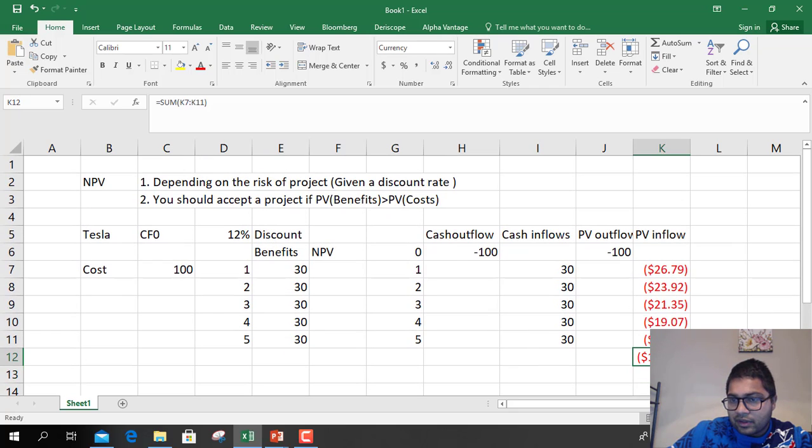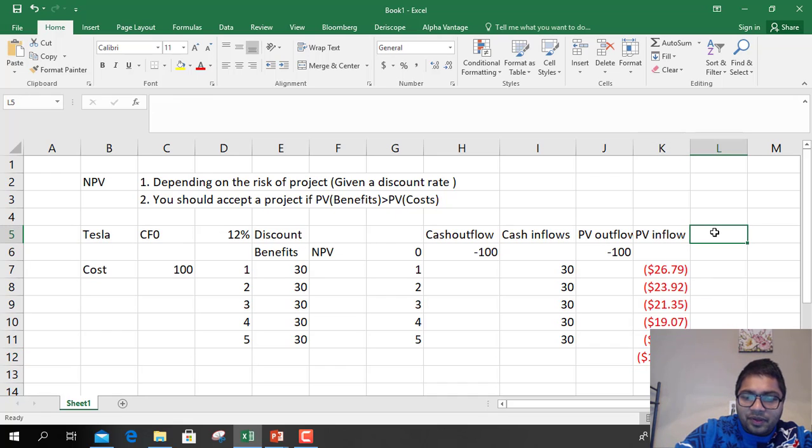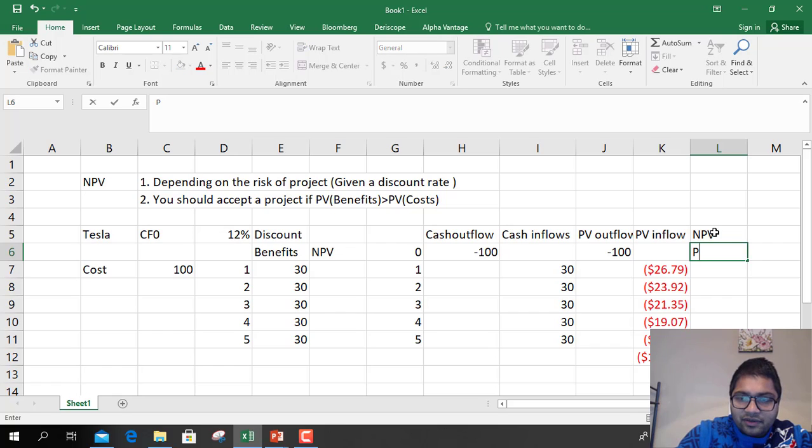So what is the net present value? NPV is nothing but present value of benefits minus present value of cost. So what is present value of benefit?